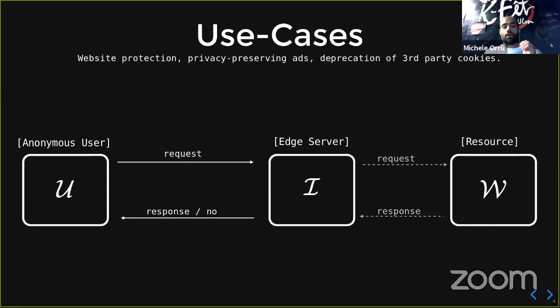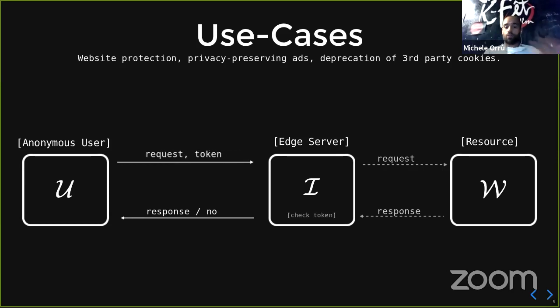For instance, with a login page, which basically destroys the privacy of the user, or by making assessments on where the requests come from, for instance on the basis of their IP, which also leads to a lot of false positives, for instance with people that are using anonymity services or VPNs.